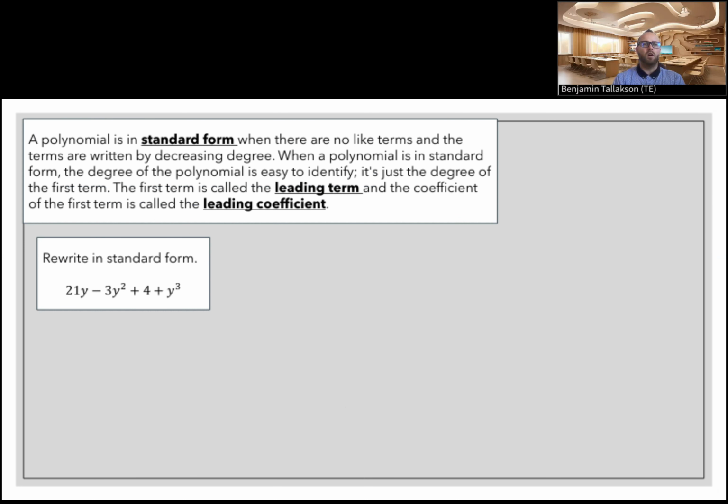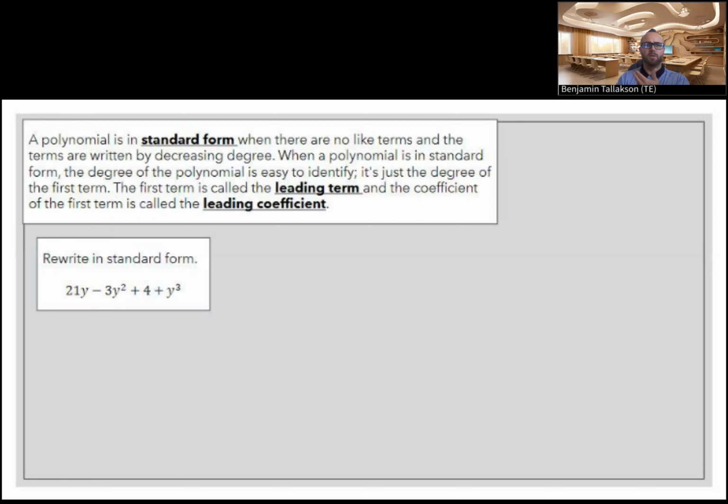Now, let's work on organizing these polynomials in standard form and getting a little familiar with the vocab involved. So standard form, guys, you see it throughout math all the time. We saw it in Unit 1. We saw it in Unit 2 with different things like imaginary numbers, linear equations, right?